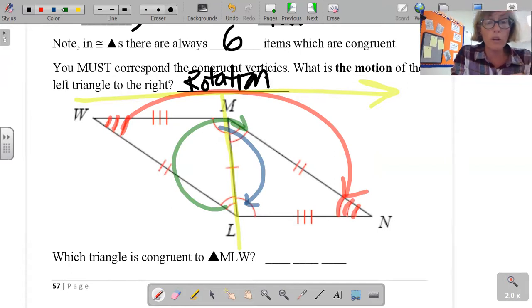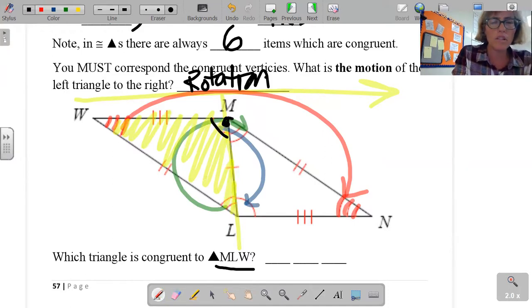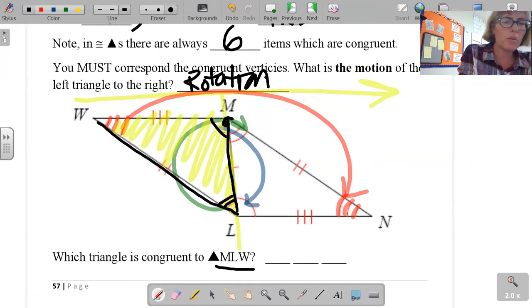Now, watch carefully the order here. MLW. Okay, we are working with this triangle on the left. So watch the order here. M, single. L, double. W, triple.